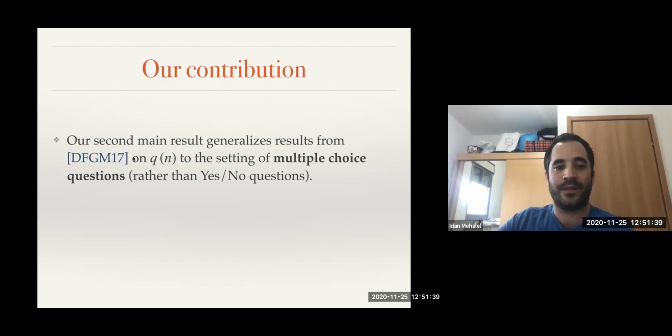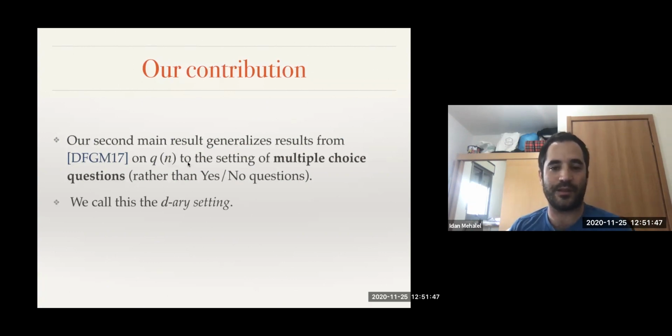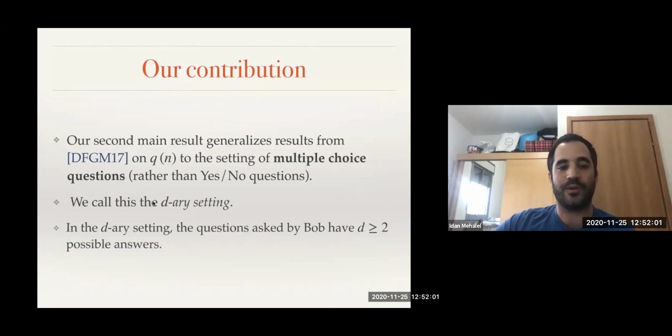So in this setting, we don't have only yes and no questions. We have questions that have D possible answers, like a multiple choice exam in university or school. Instead of yes or no as answers, we have 1 to D possible answers, and we call this the D-ary setting. So in the D-ary setting, the questions asked by Bob have some number D of possible answers.